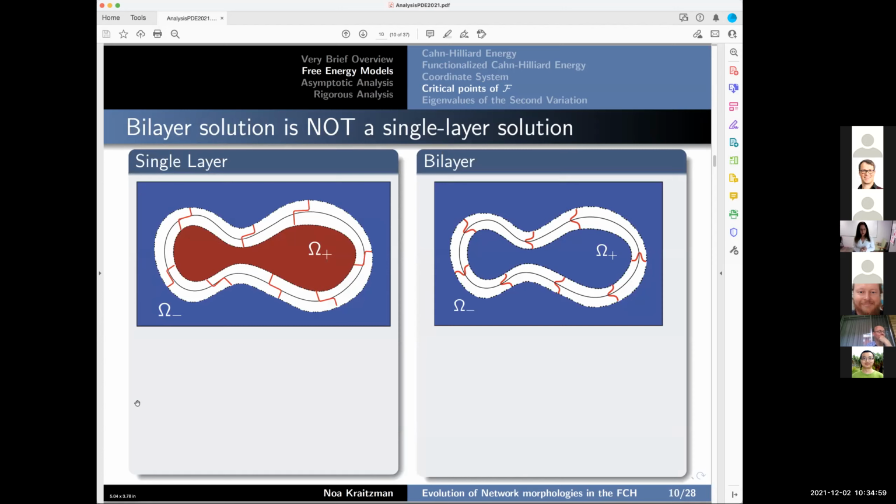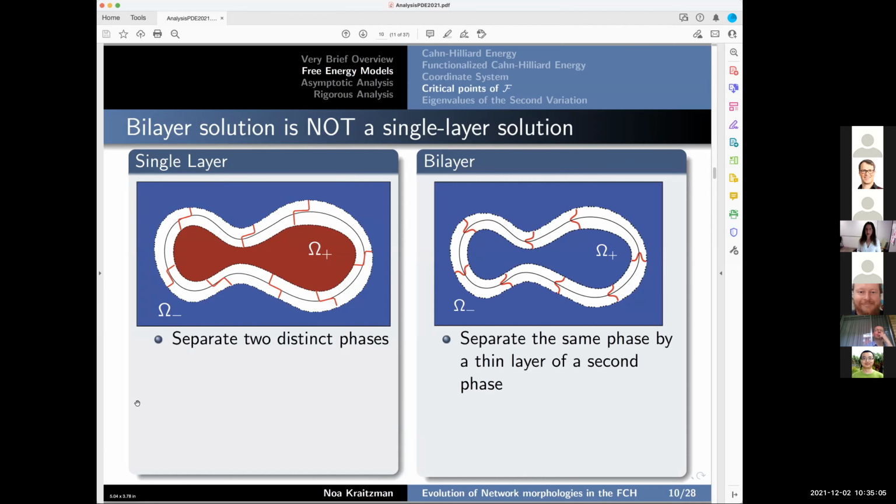Now, for those of you who know Cahn-Hilliard, it is important to understand that the bilayer solution is not the single layer solution. The first thing, obviously, is that they separate different things. A single layer solution separates water and oil. The bilayer solution is like a soap bubble or a beach ball.